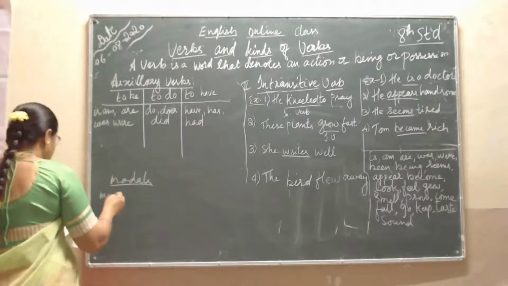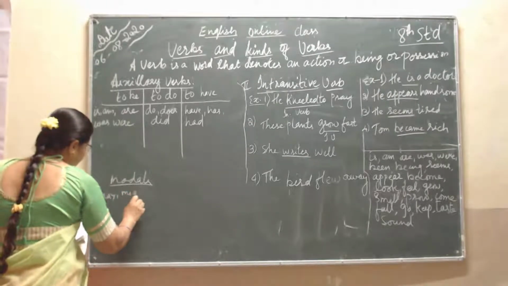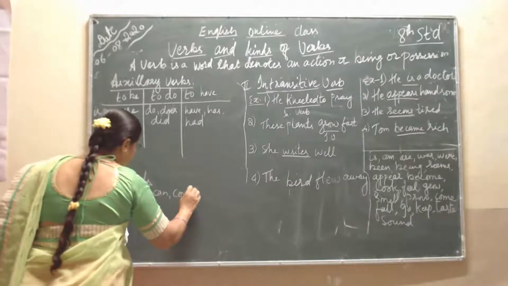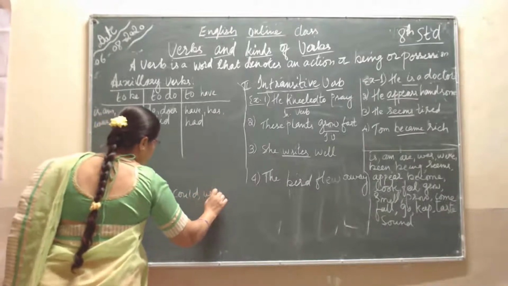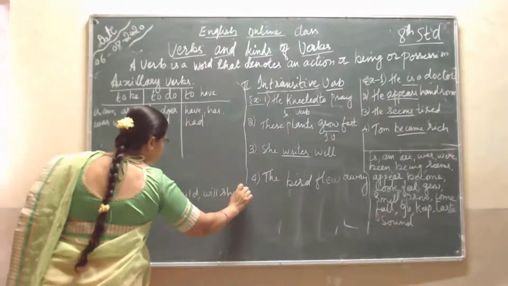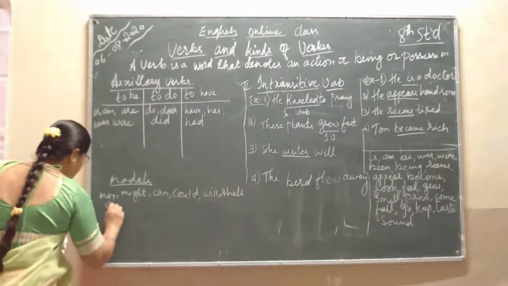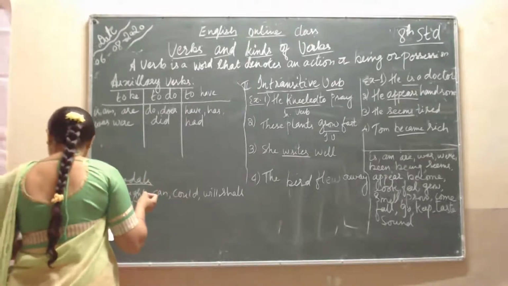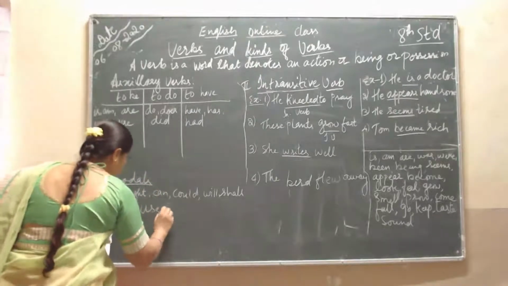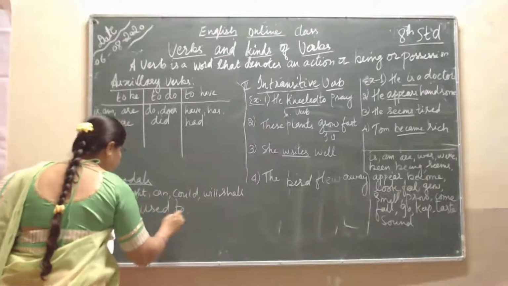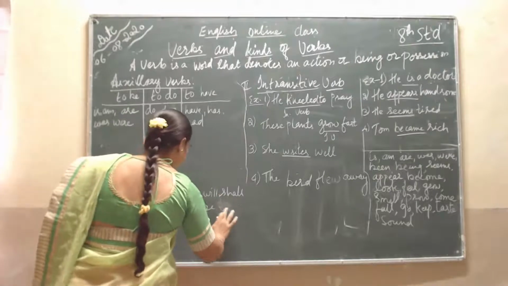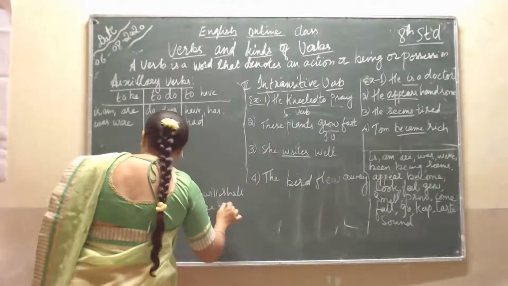Next comes the fourth one, the modals: may, might, can, could, will, shall, should, used to, dare to, ought to.